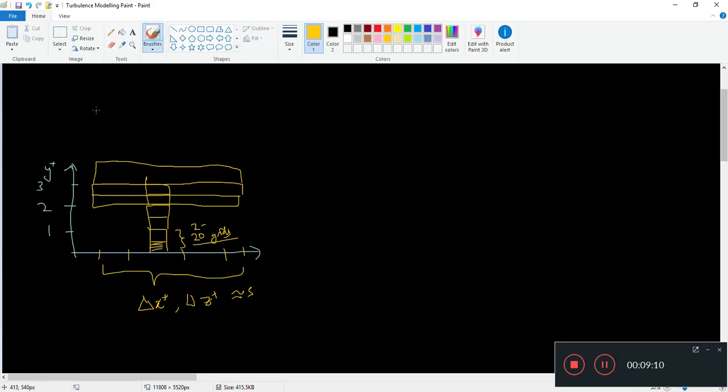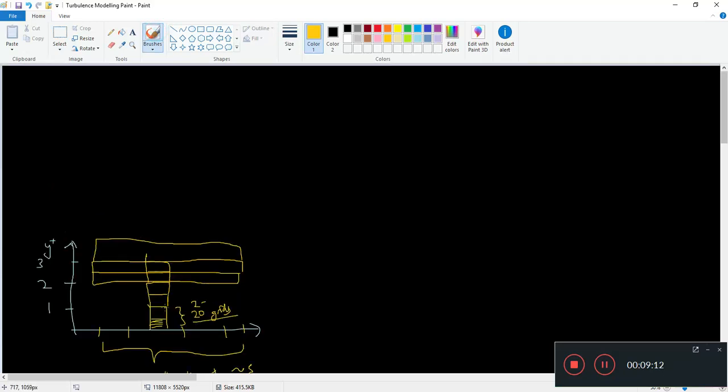And so you will have an LES grid. For the LES grid, the smallest will be about 0.5 in this direction.